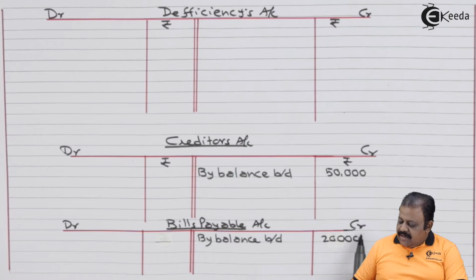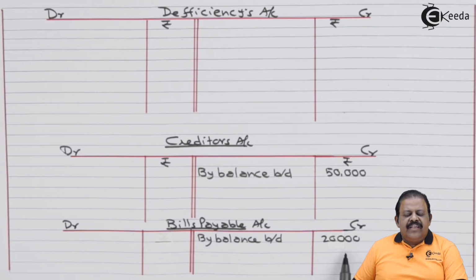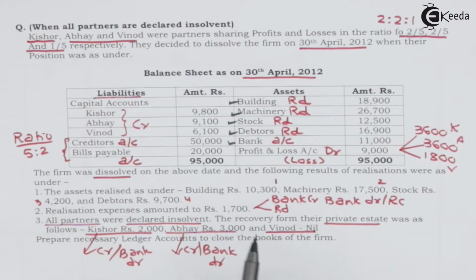Bills payable account credit side by balance brought down 20,000. We have transferred all the items from the balance sheet to respective accounts.